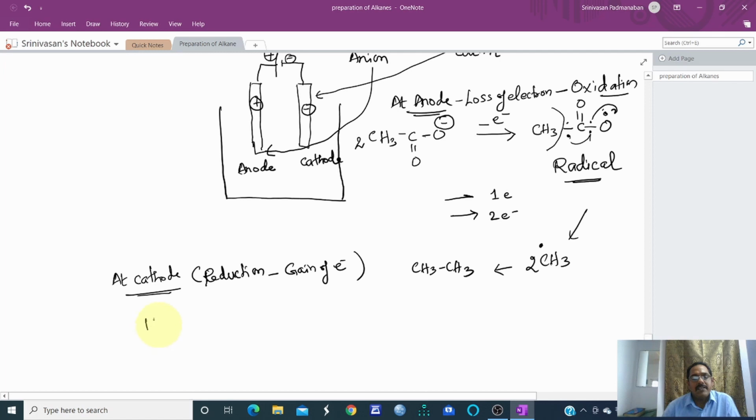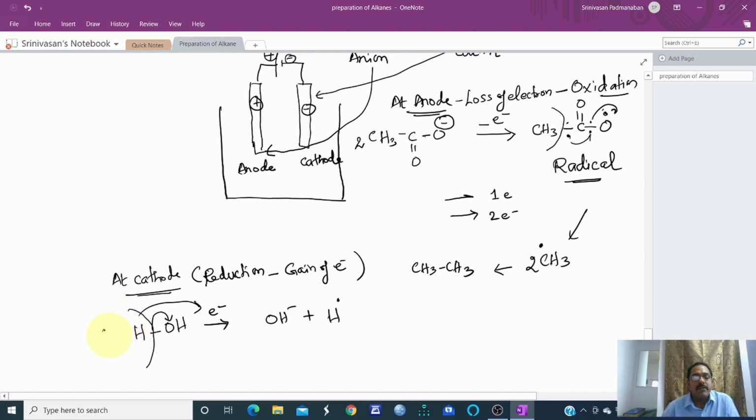So here let us take water. It gains an electron. Let me split and write it for further understanding. H-OH goes here and we will have OH minus. It moves, and hydrogen will be left, and this picks up this electron and becomes hydrogen with one electron, again like a radical.